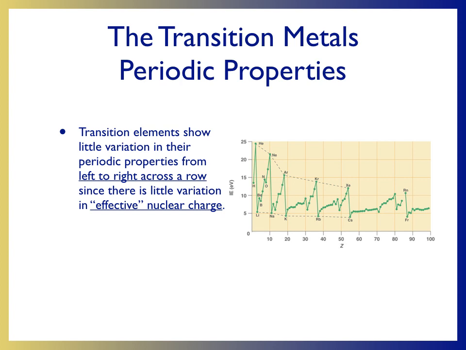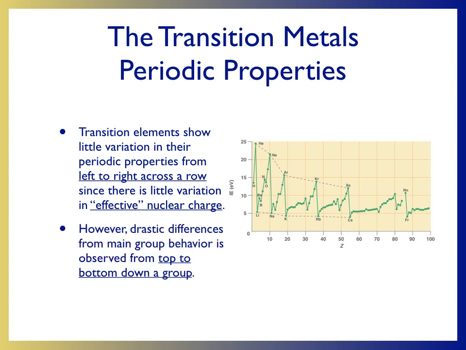You see that there are many areas of this plot that are generally pretty flat. These flat areas are areas where you hit a row of transition elements. So we don't see very many interesting trends as we go from left to right across a row.